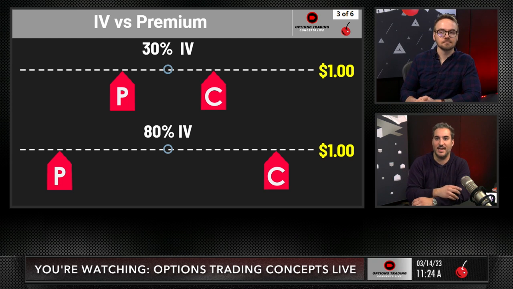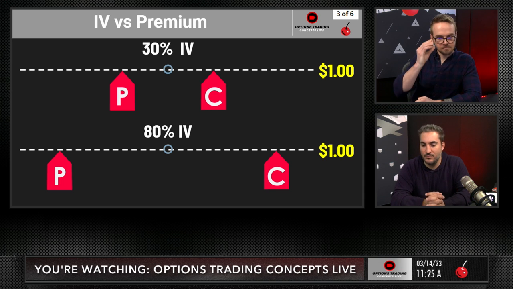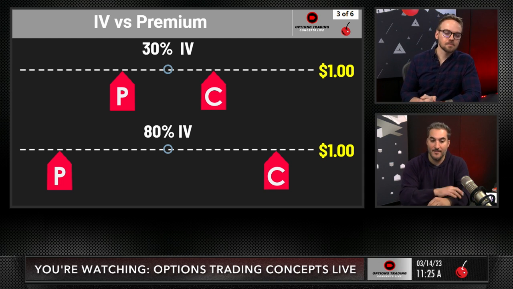That's not a reasonable situation to play into, and that's why we look for stuff that has reasonably high implied volatility, but is also something that can come down in volatility. And you can look at that via IV rank, which is what we use to measure whether IV is high or low relative to itself.